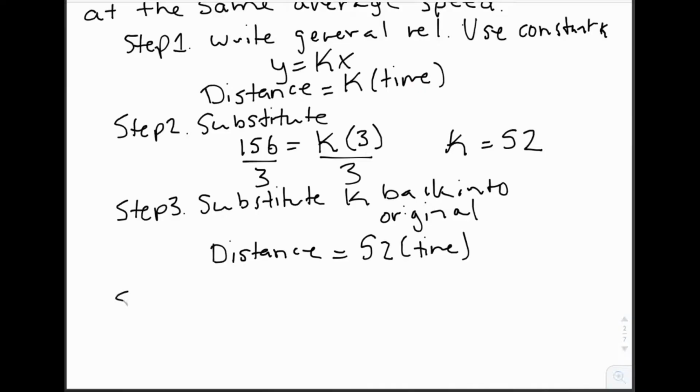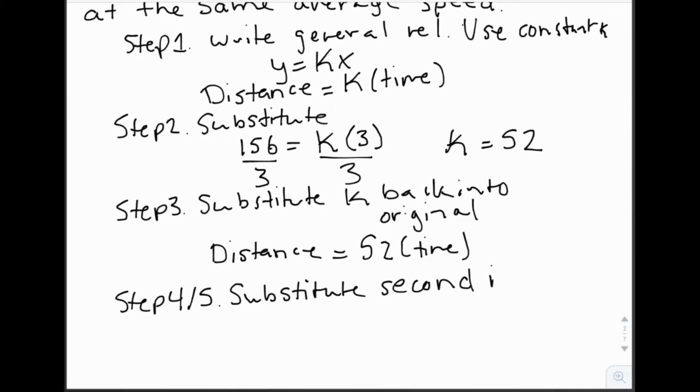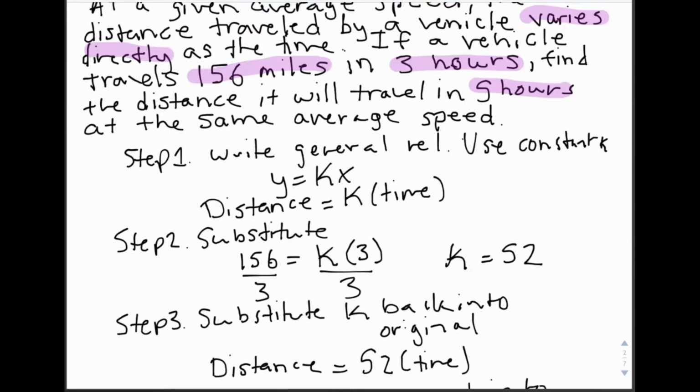Okay, so now we can move on to step number 4 and step 5. We want to use our second piece of information. So substitute second piece of information to find our unknown. So our unknown here, if we scroll back up, we want to find the distance.